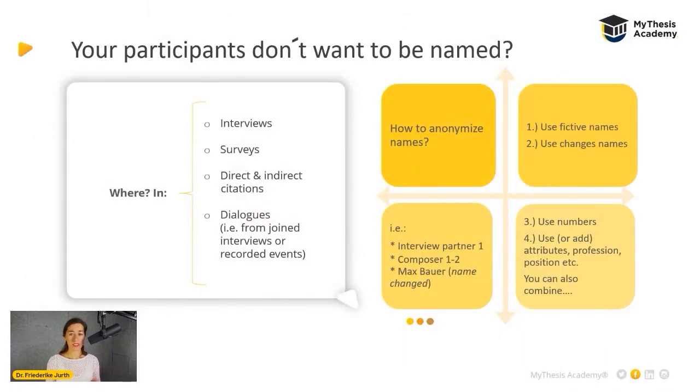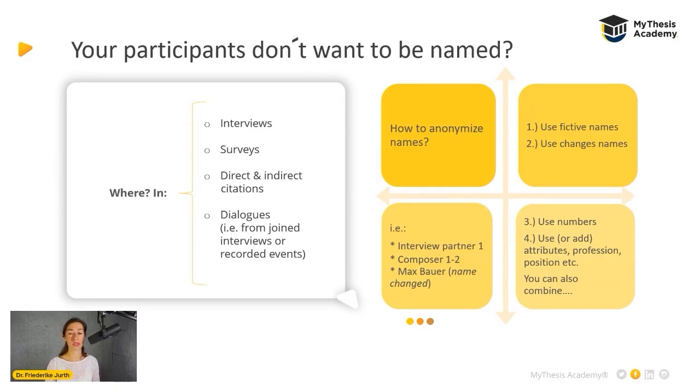Well, first, a little overview of where participants appear and how it is possible to anonymize. First, they can appear in interviews.